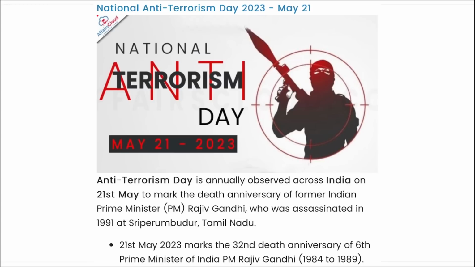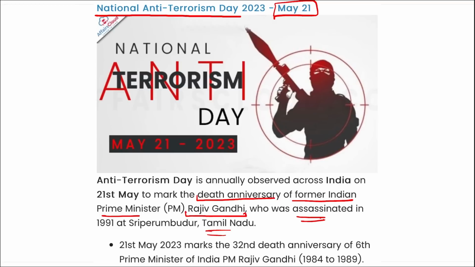Next is National Anti-Terrorism Day. This day is also observed on 21st of May. It is observed across the globe to mark the death anniversary of our former Indian Prime Minister Rajiv Gandhi, who was assassinated in Tamil Nadu in 1991.